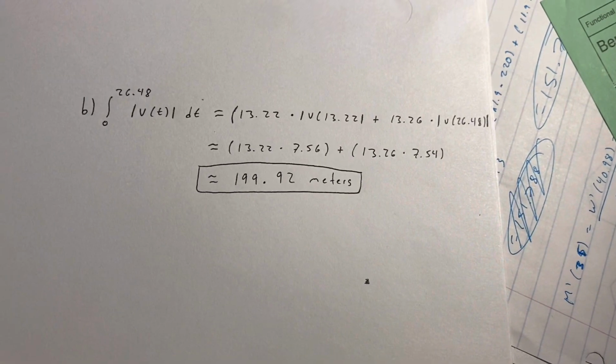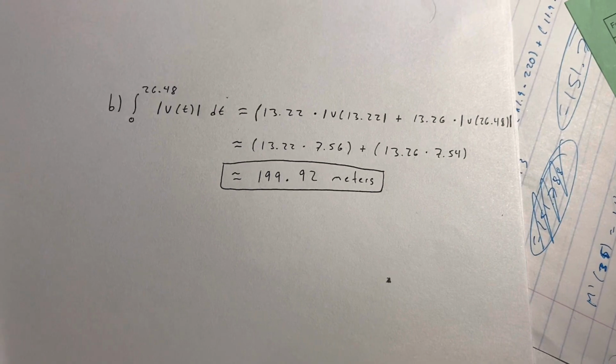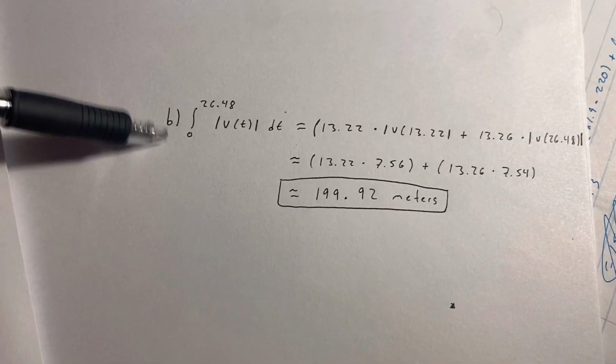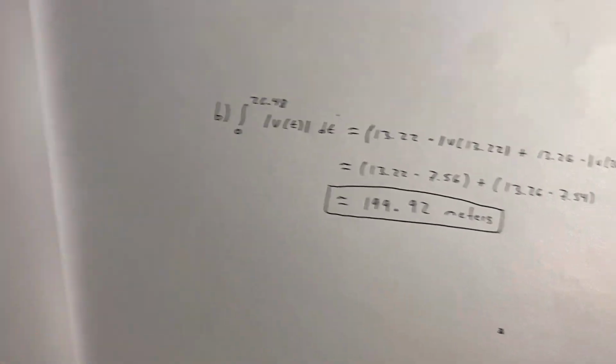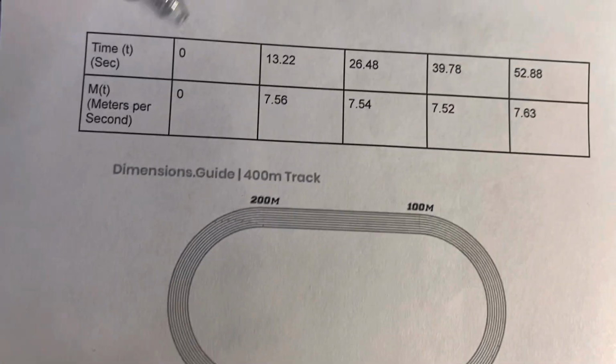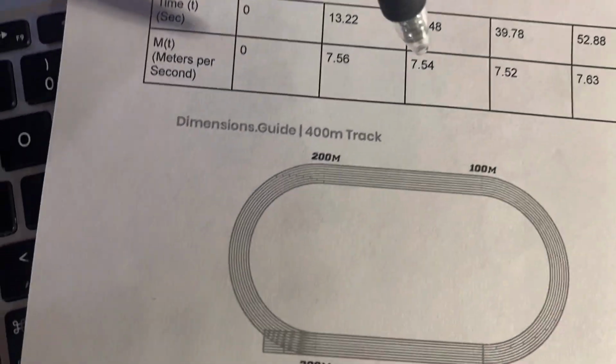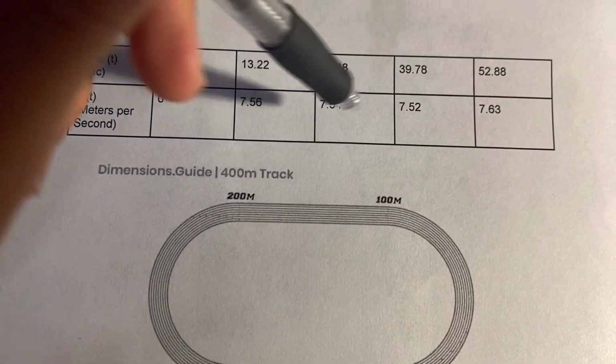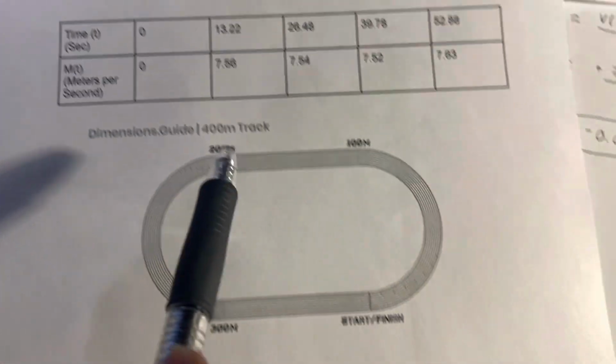Okay, so we're going to be using the right Riemann sum, and like I said, we're going to be using the bounds from 0 to 26.48 seconds. And from 0 to 26.48 seconds, we're going to be using only these two for the right Riemann sum.